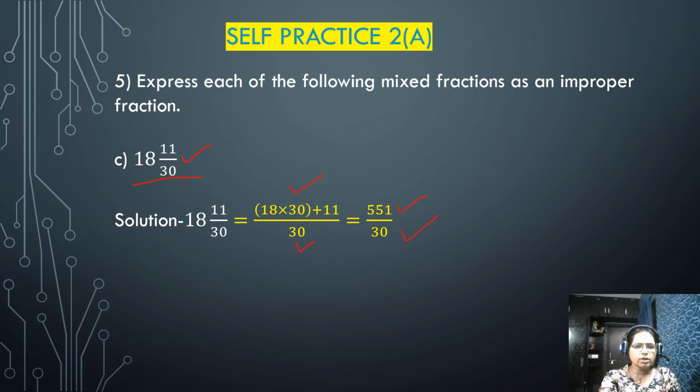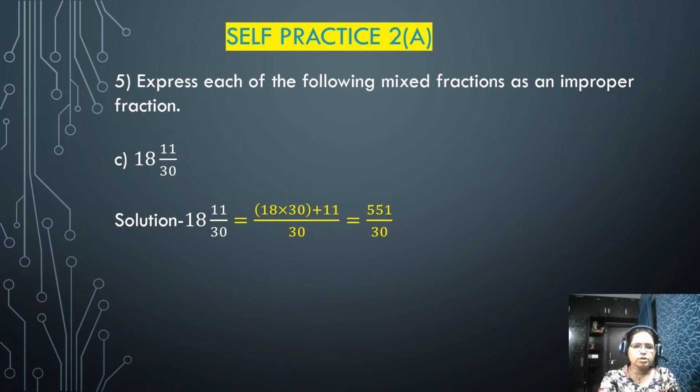So the mixed fraction 18 11 divided by 30 equals 551 divided by 30, and 551 divided by 30 is an improper fraction.